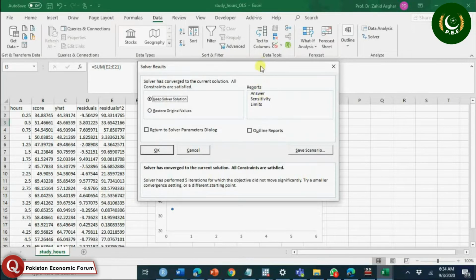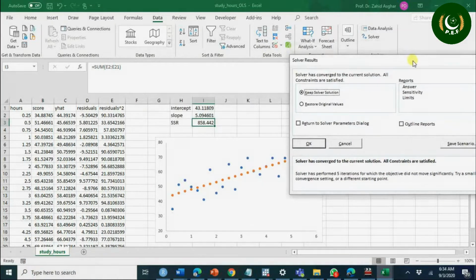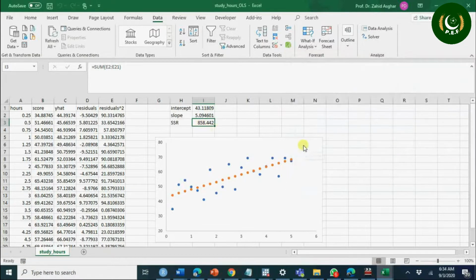Let's go see. So basically 43.11 is picked as the intercept, and 5.09 is considered as the best slope, and the sum of squares of residuals is 858. That is considered the best line.